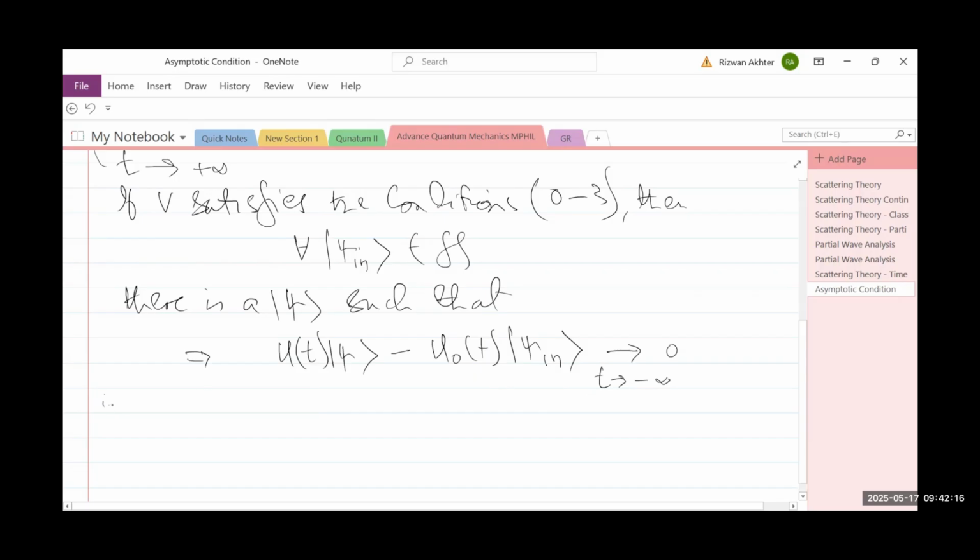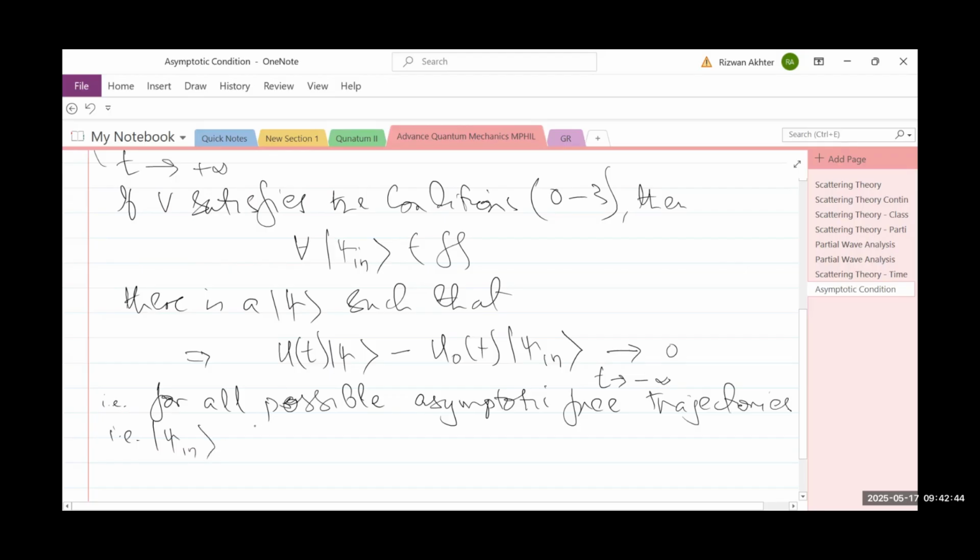That is, we would say that it is for all possible asymptotic free trajectories, i.e., psi in, there are corresponding interacting trajectories psi.